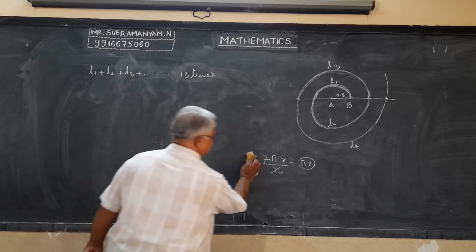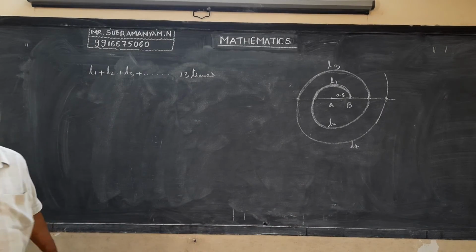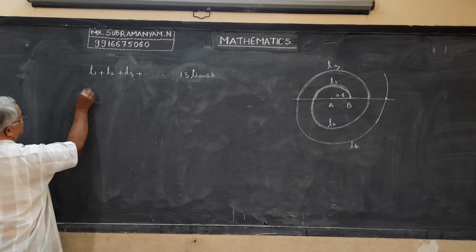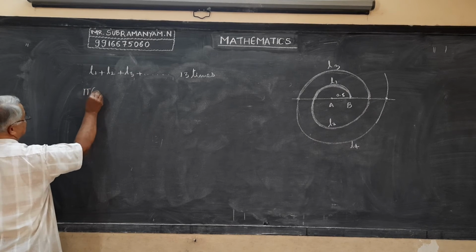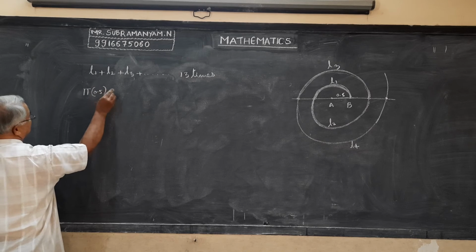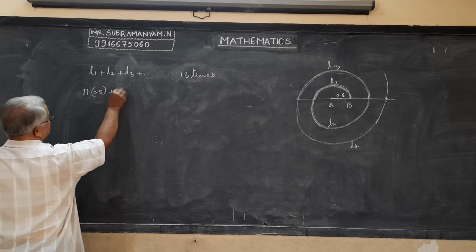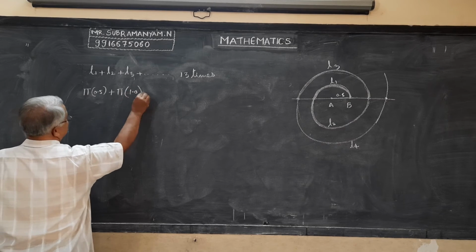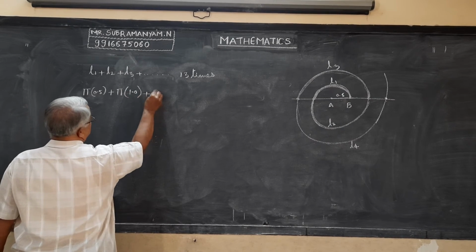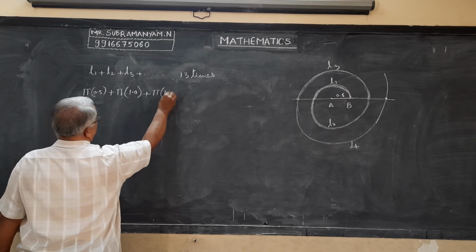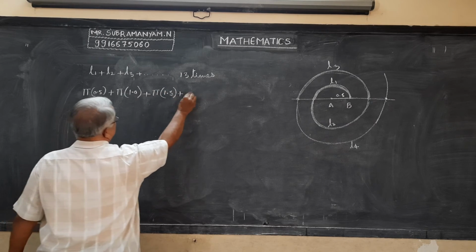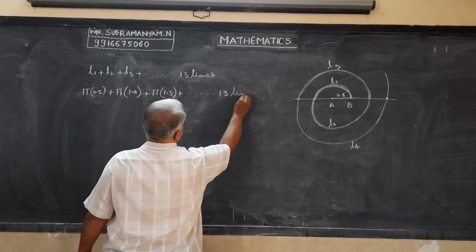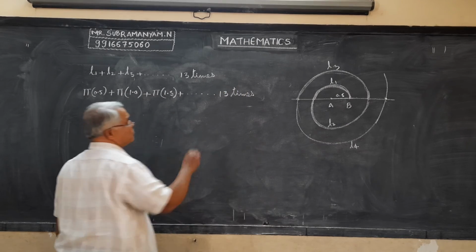Now this L1 is pi into 0.5, plus pi into 1, that is 1.0. Third one, pi into 1.5, plus etc. How many times? 13 times.